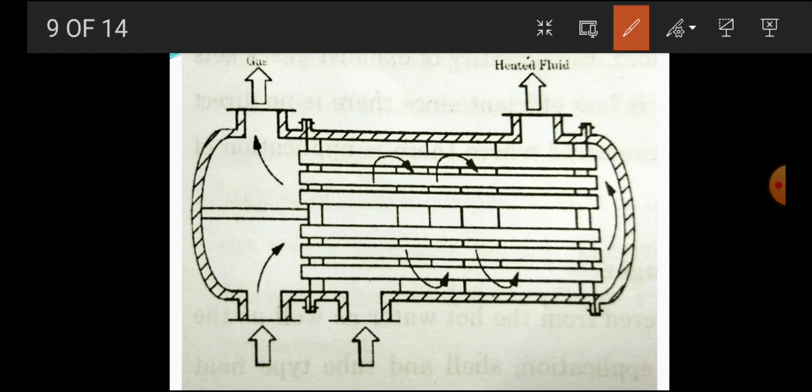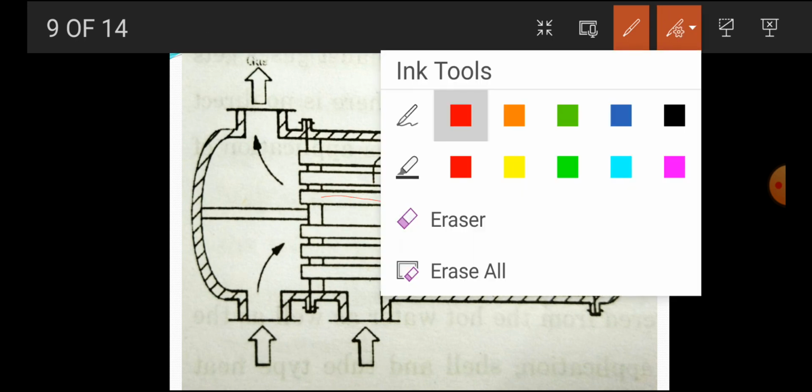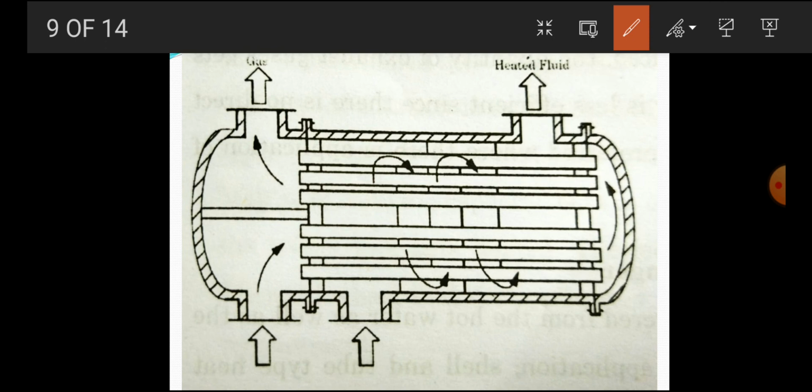While the fresh air is passing through the shell. So this is the shell, while the hot gases are passing in the tubes.